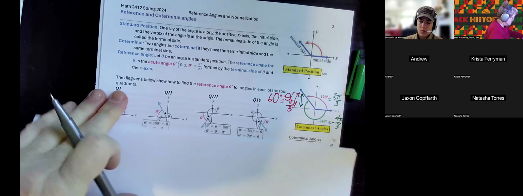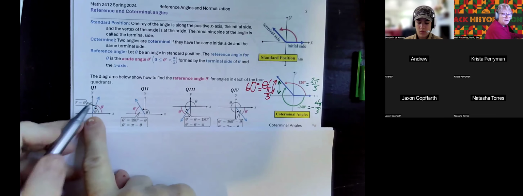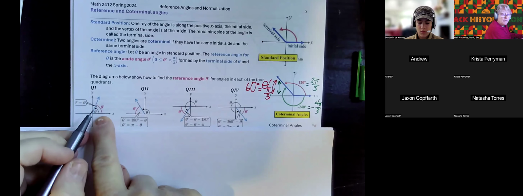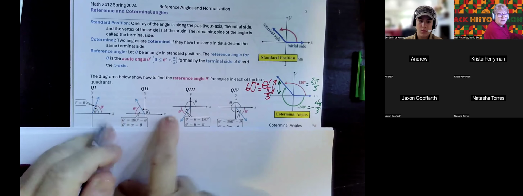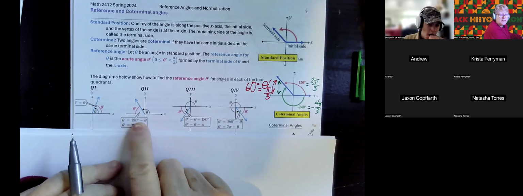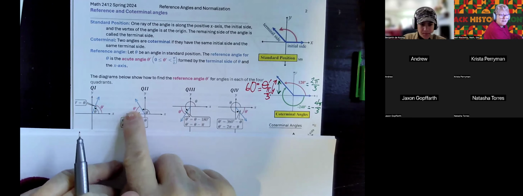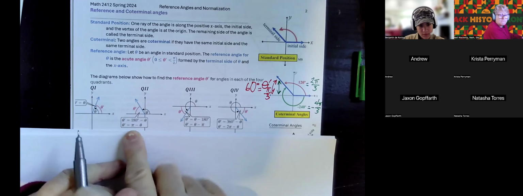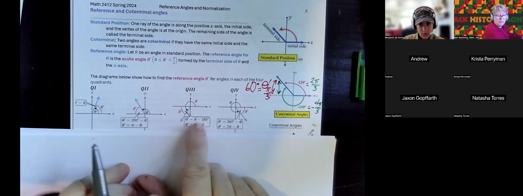Well, let's look at some images so that it's all the way clear. If the angle is in quadrant 1, then the angle and the reference angle are the same. If we're in quadrant 2, we'll take 180 degrees and subtract theta to get to theta prime, or we'll subtract theta from pi.